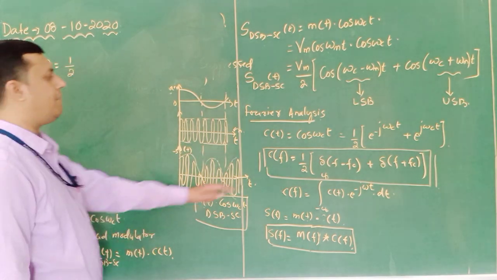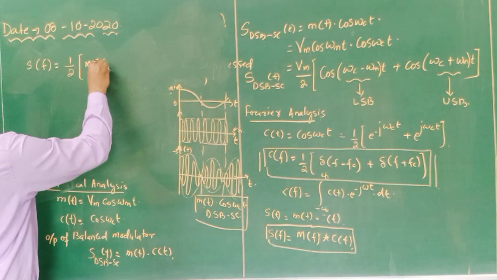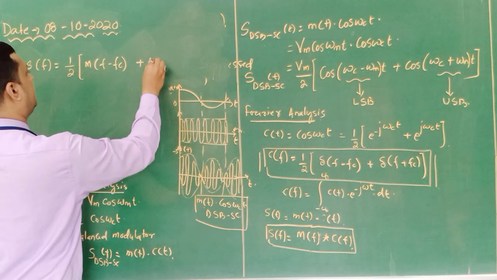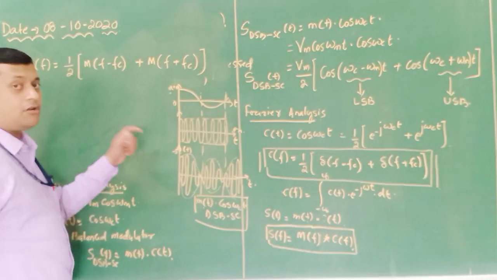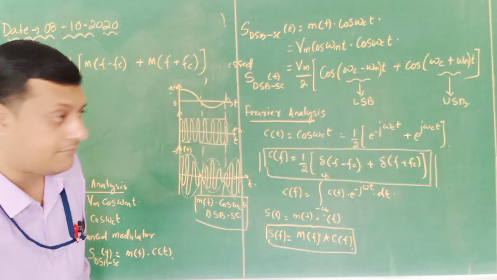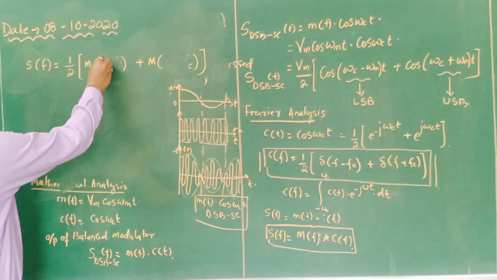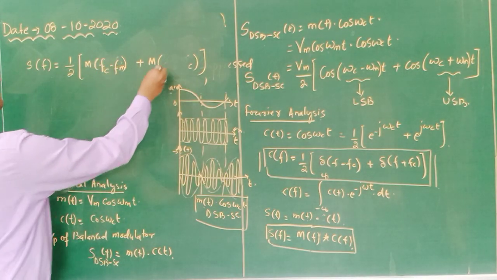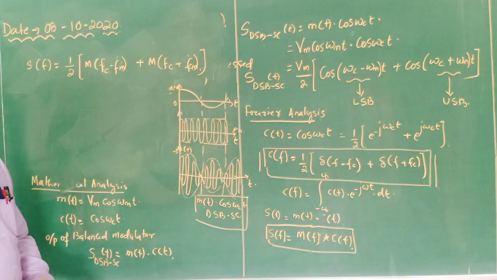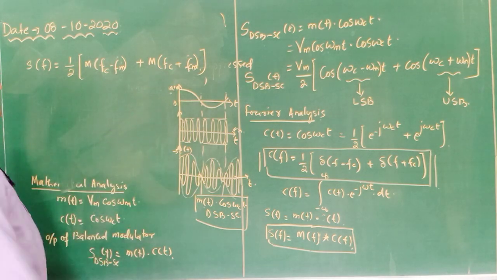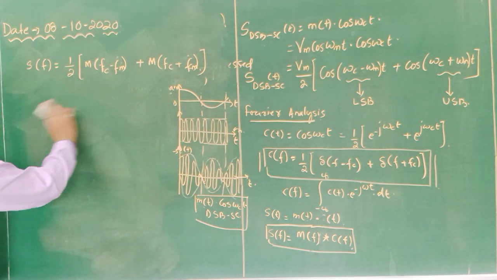In place of delta it will become m. So it is half of m of f minus fc plus m of f plus fc. Okay, and the modulating signal has a certain frequency fm. So here I will write fc minus fm and fc plus fm. That means these are my sidebands, which are available in the Fourier spectrum. Now this sideband we need to plot in this spectrum.